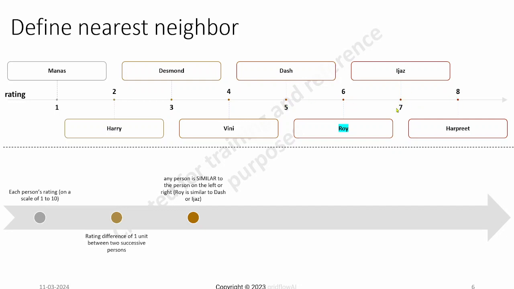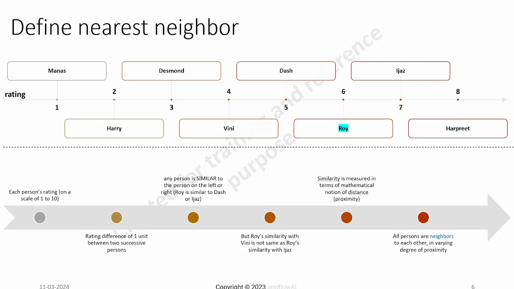Similarly, Izaz on the right-hand side has a difference of 1. So they are equally similar to Roy. But Roy's similarity with Winnie is not the same because she is about 2 units away. Similarity here is a mathematical notion of distance, which is simply 1 unit.